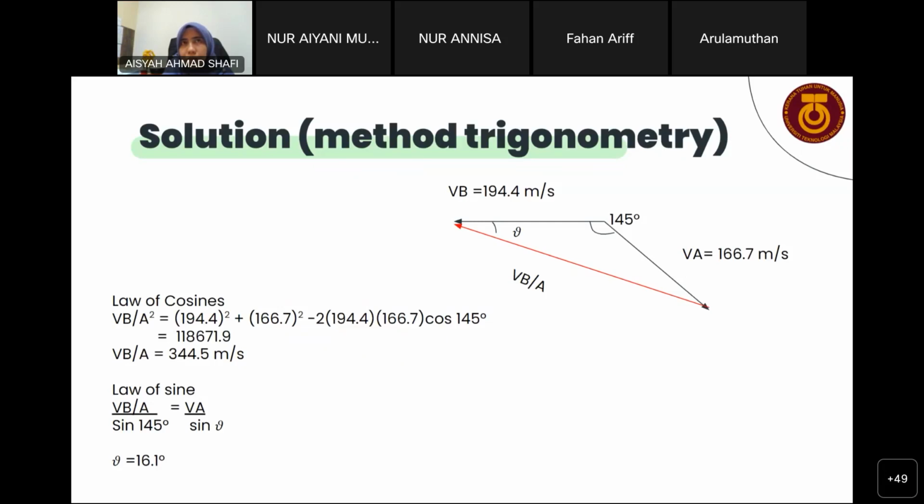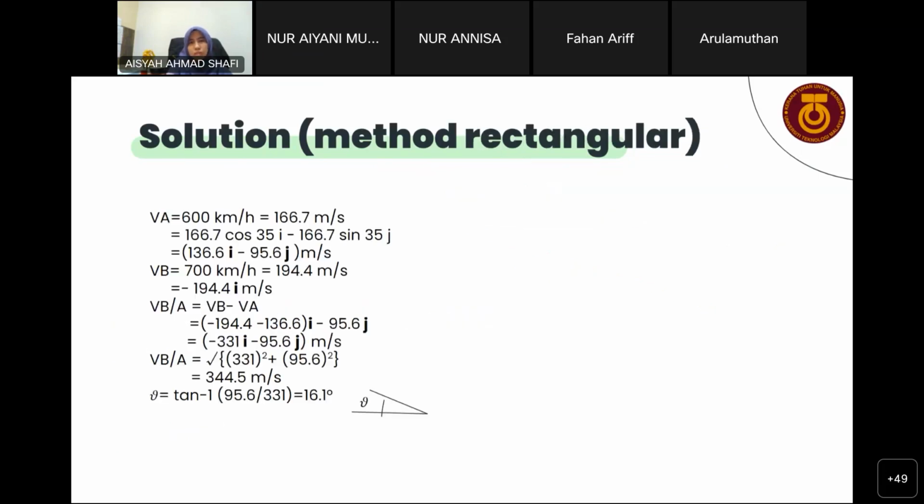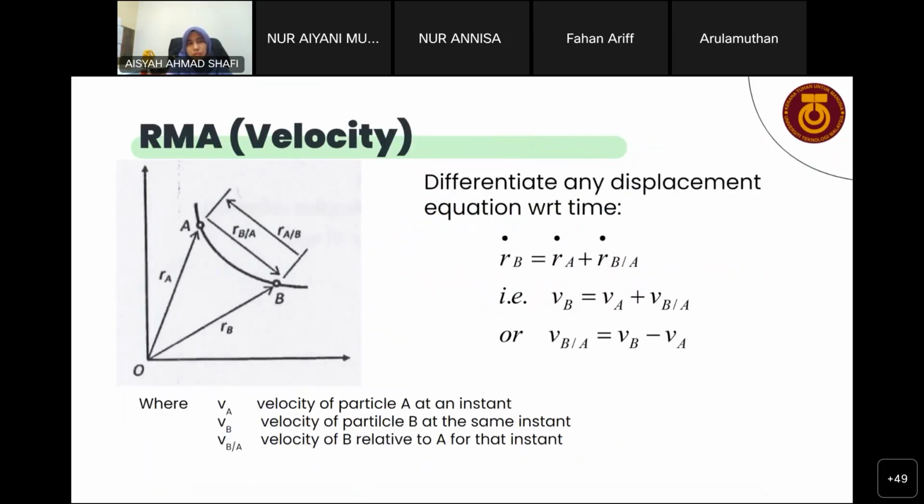Because the direction of B and A should start at the same point. So the start point should be the same.